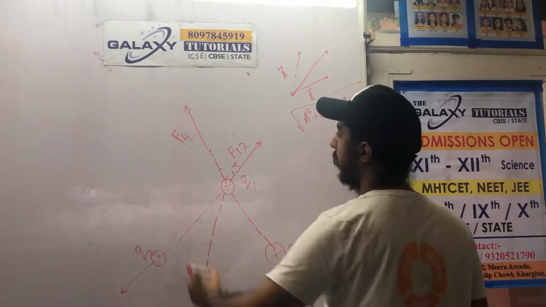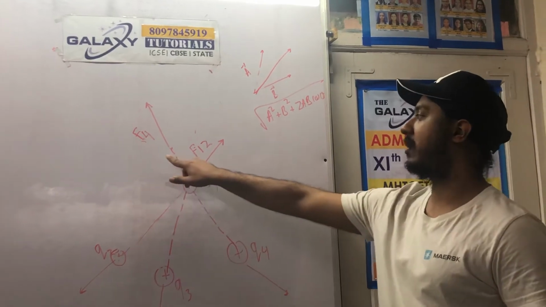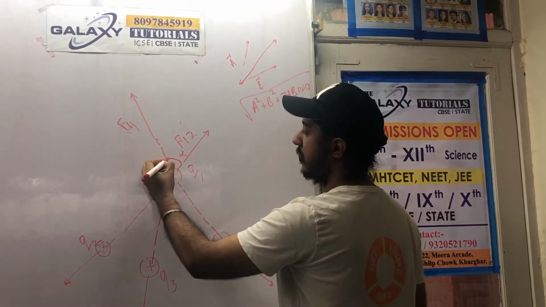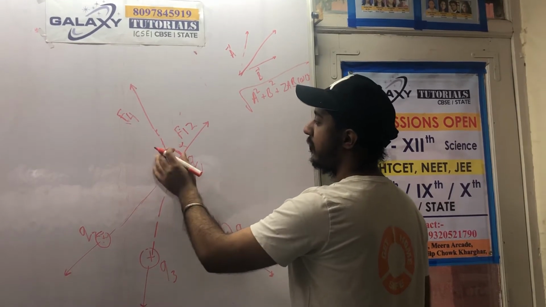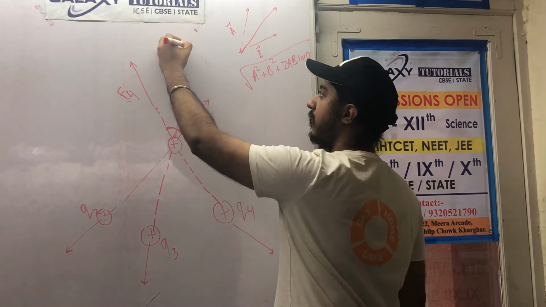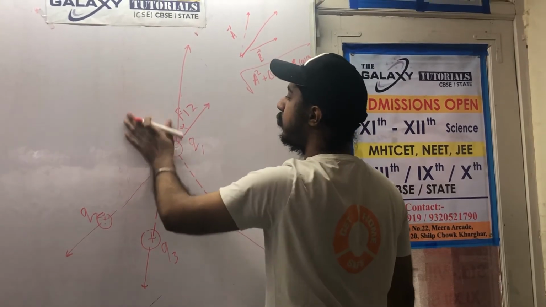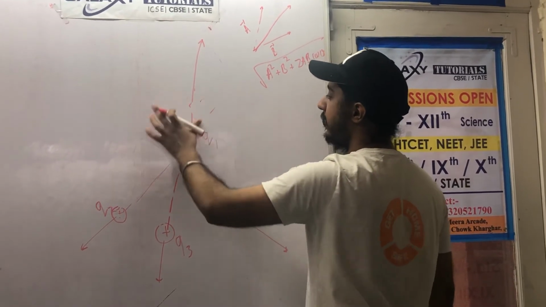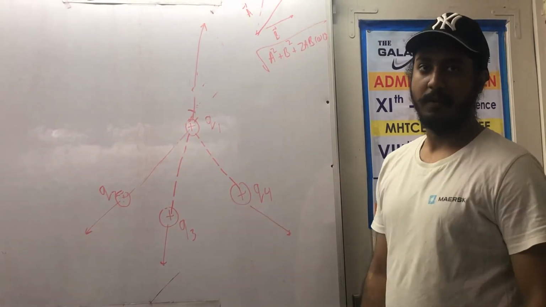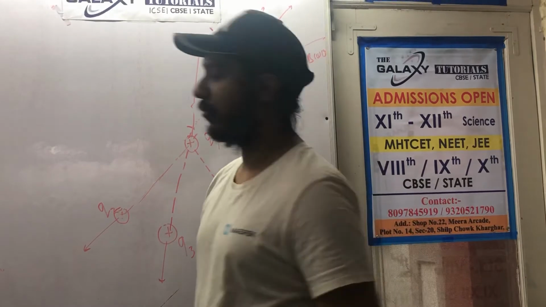I will give this a name of F4. Now only two forces are remaining, this and this. So again you know this angle, and you can use the parallelogram law and find the resultant again. This is how you will find the net force acting on this single charge by using the parallelogram law. We will see this with the numerical, don't worry.